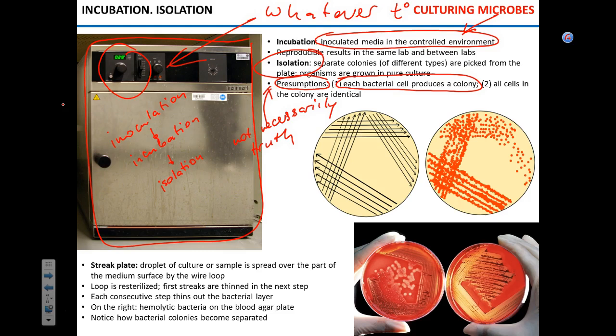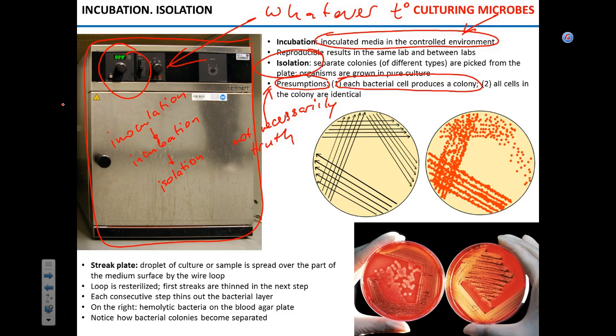Does that make sense? But to make our life simpler, and that's normal, reduction, making things simpler, is a normal scientific approach, we say, okay, we think that one cell equals one colony, and we think that all cells in the one colony, all descendants of that original cell, are sufficiently identical. Makes sense, right?